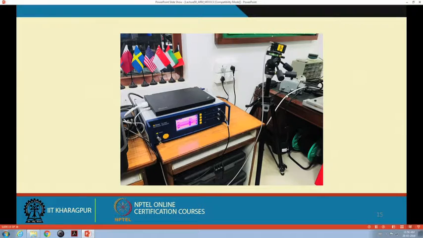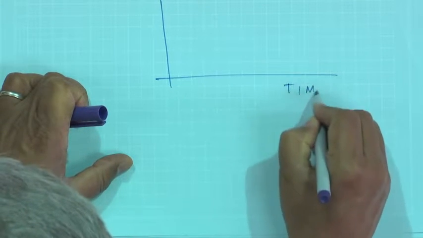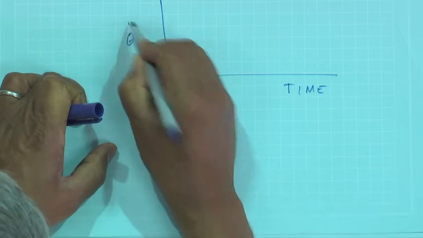I was mentioning the rotational laser vibrometer. This requires a signal conditioner. This is the head of the rotational laser vibrometer. And then you can interface it to a laptop where you can calculate theta dot versus time.